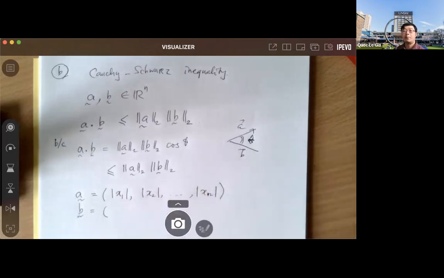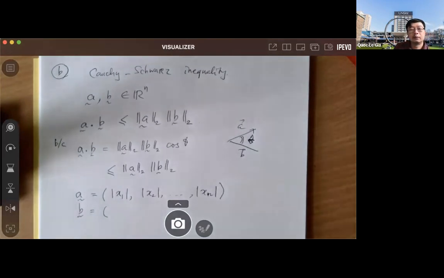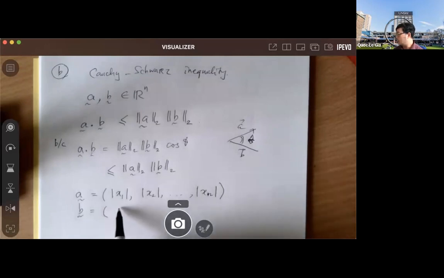So now what vector B should I choose so that A dot B will become the one norm of the vector x? Anyone? What vector B should I choose?